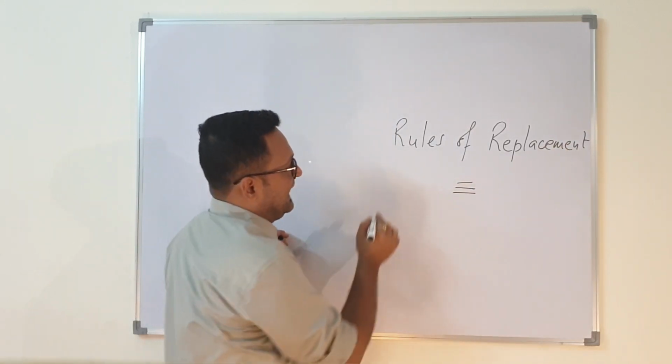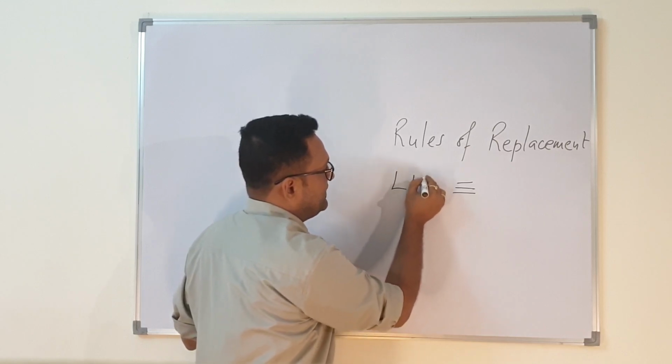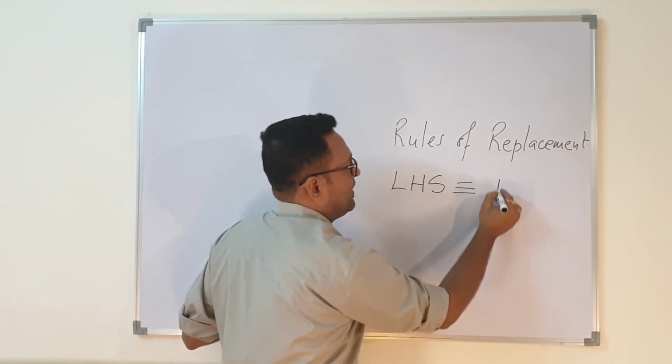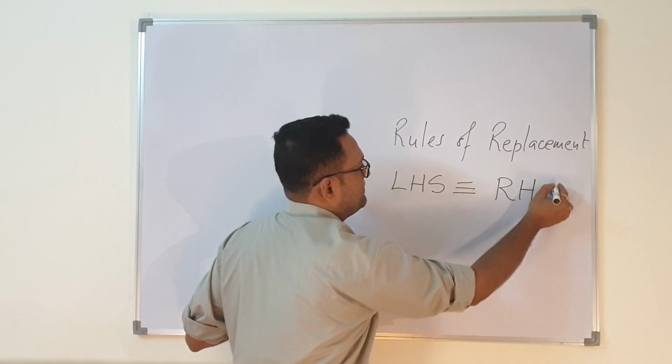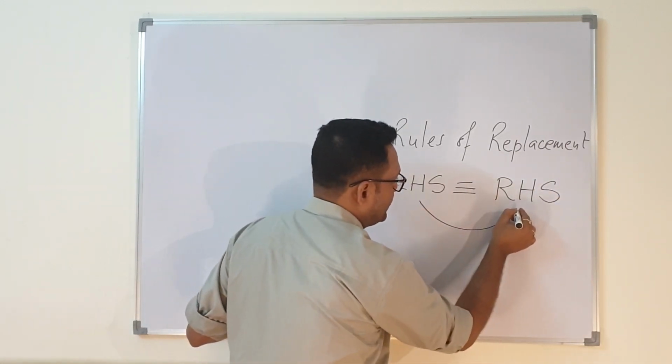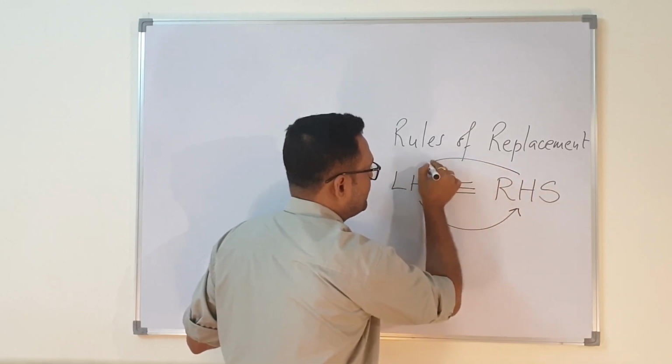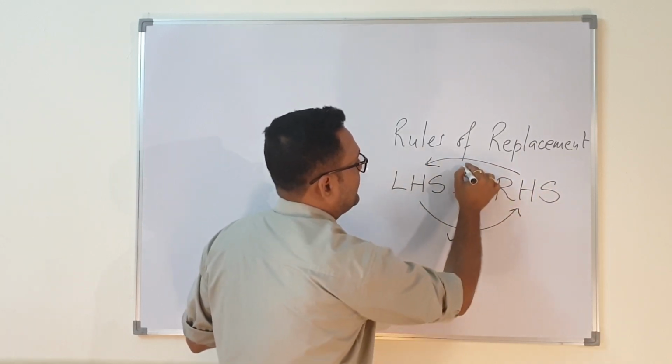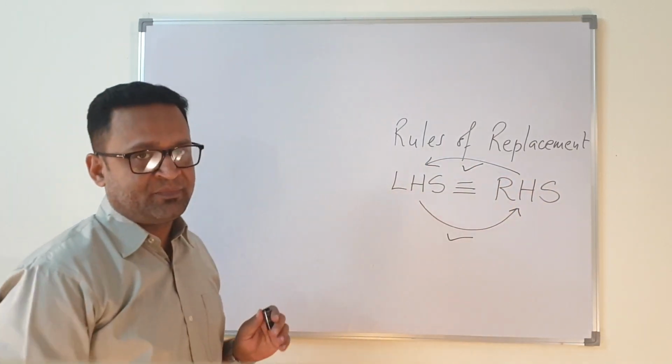That means that the left hand side will be equivalent to the right hand side. So the movement from here to here as well as from here to here, both are acceptable and permissible, right?